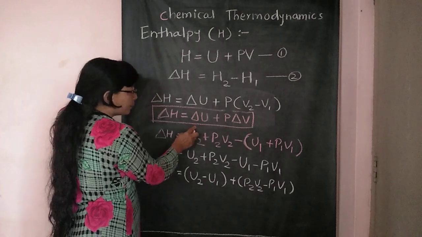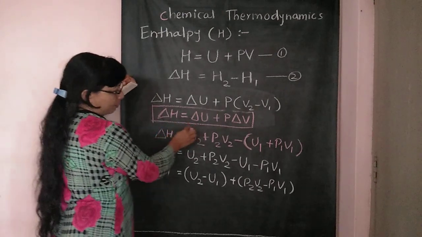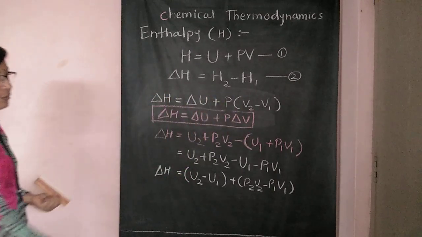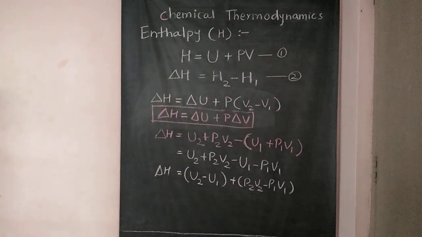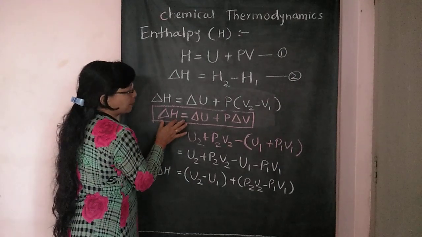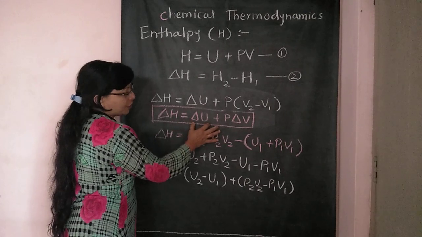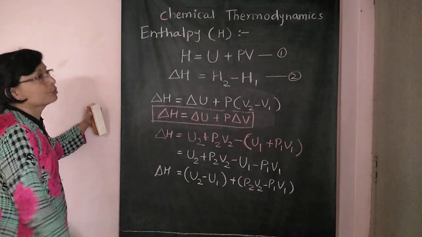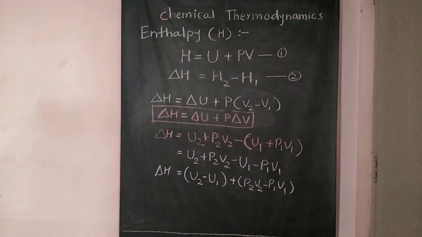Thus we proved delta H is equal to delta U plus P delta V. That is, the change in enthalpy is equal to the change in internal energy and pressure-volume type of work done. So this is our derivation for enthalpy change at constant pressure.